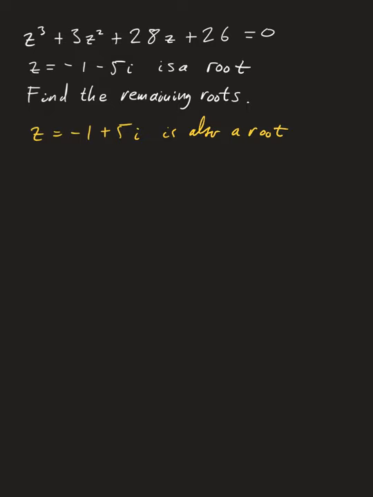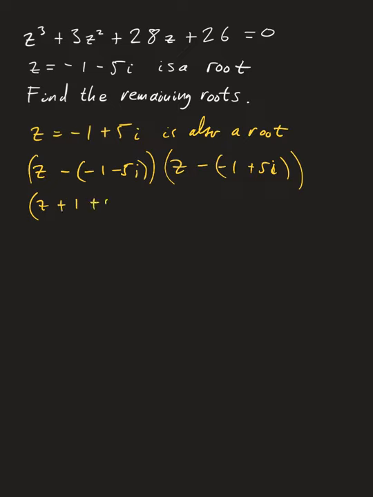So my two factors associated with those two roots are going to be z minus (minus 1 minus 5i) and z minus (minus 1 plus 5i). So I'll just sort out those minuses and then I'll multiply it out. So that's z plus 1 plus 5i, and I'll keep that in brackets for the moment, and that's z plus 1 minus 5i.